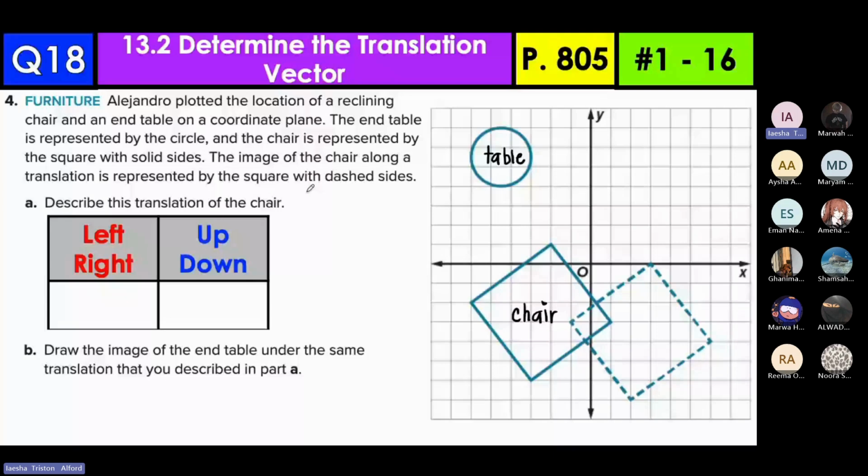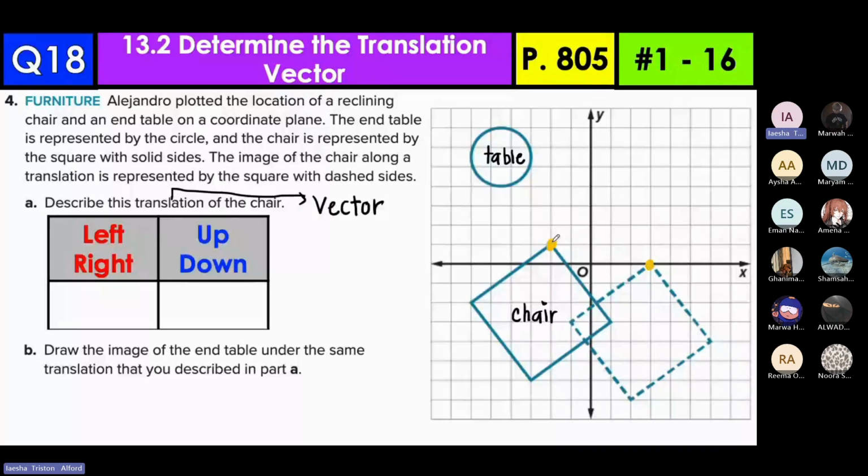When we are describing a translation, we want to talk about the vector. What is the vector? How do we find the vector? We have to go left or right and then up or down. So this point to this point. How do I get from here to there?